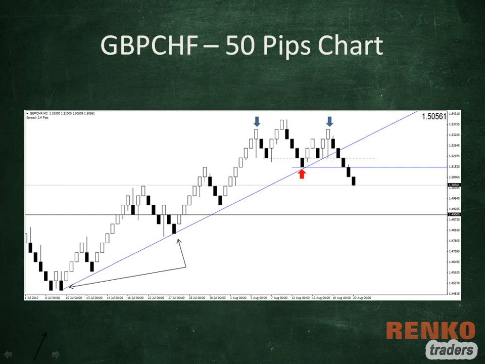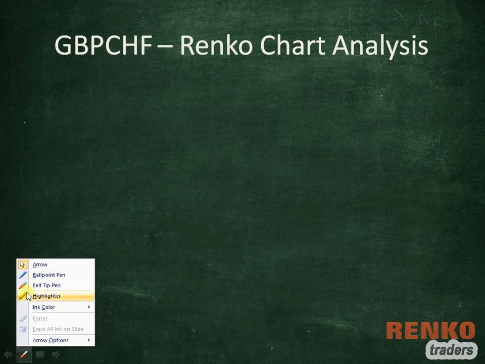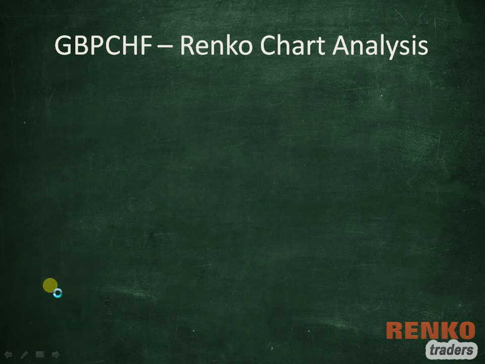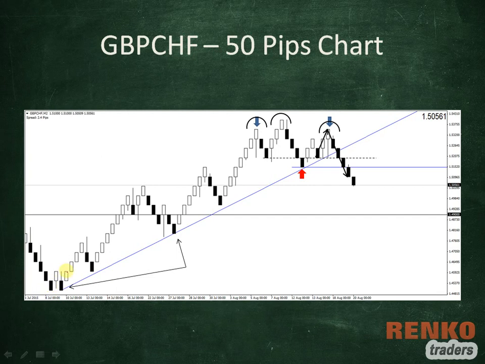What you see here initially is the trend line that was drawn connecting the lows from here to here, and we noticed price making a higher high, a higher low, another higher high, another higher low.